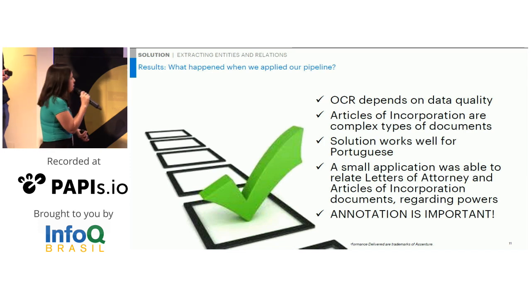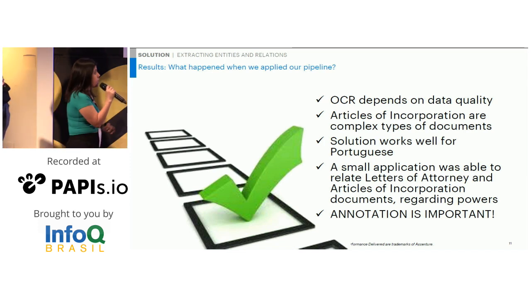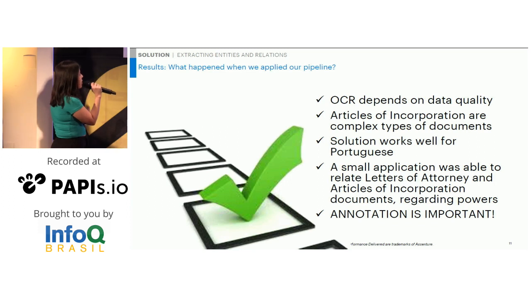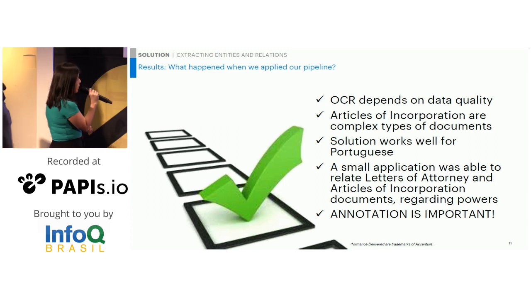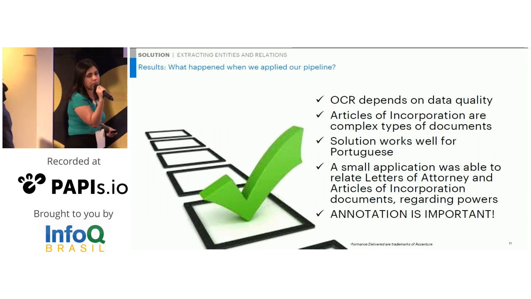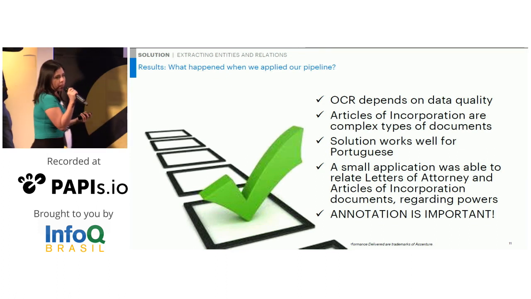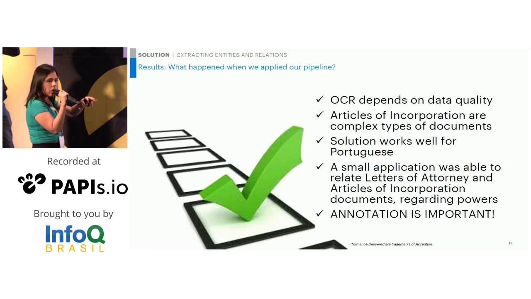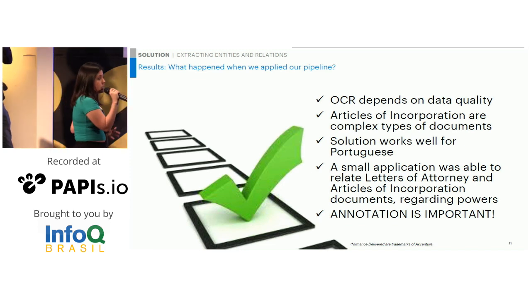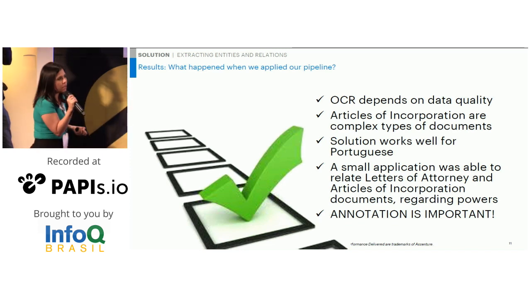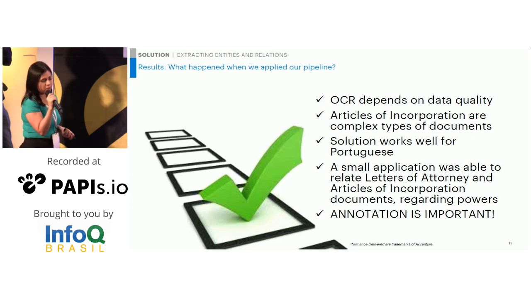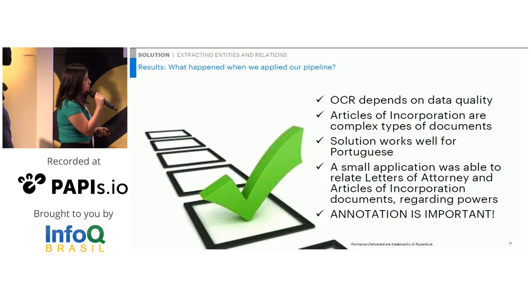It was kind of weird, but it happened because of the quality. We understood that articles of incorporation are complex types of documents, because sometimes some names appear in the document more than once, and this is a problem for the CRF.